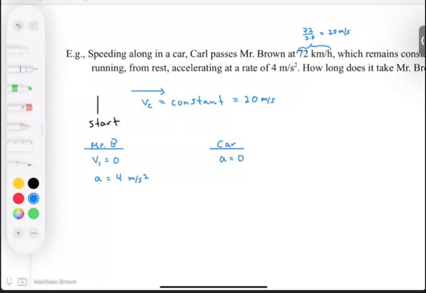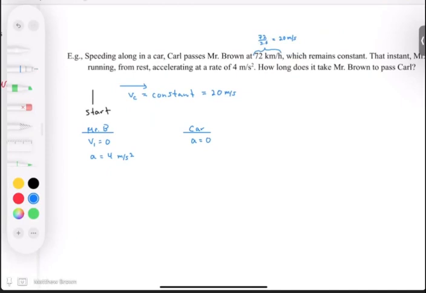If we wanted to, for this case, we could look at how far this car is going at any particular moment in time. And we know that for a constant speed, it's just VT. So that means the position at any point relative to where we started, or the distance traveled here, is just going to be 20t.